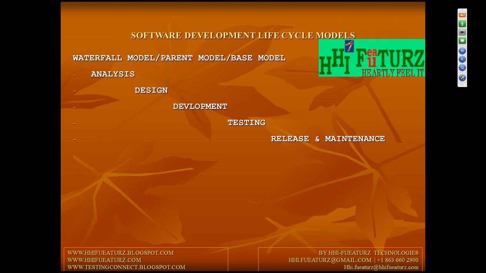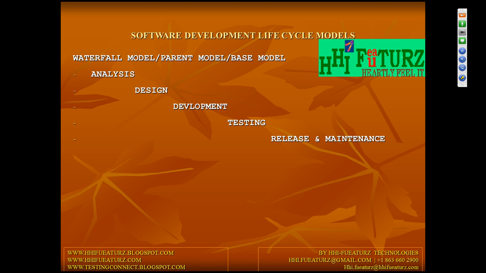That means whichever phase is going on, only those team members are present and only those activities happen; other activities won't happen. That is the reason for these phases being laid out like this.